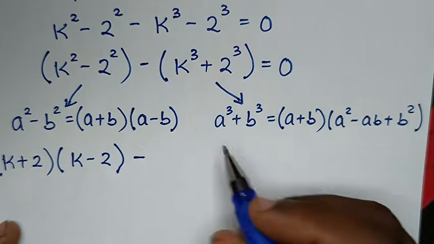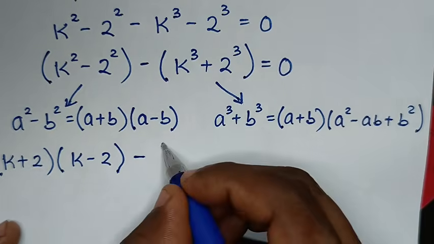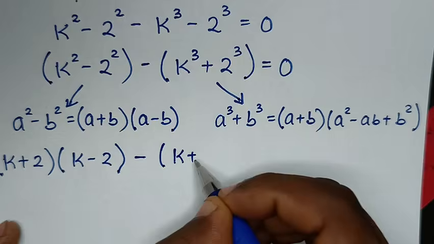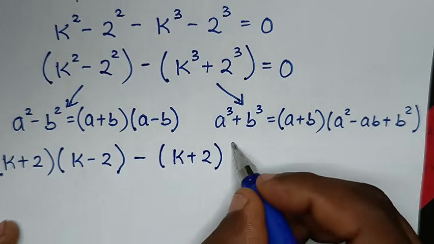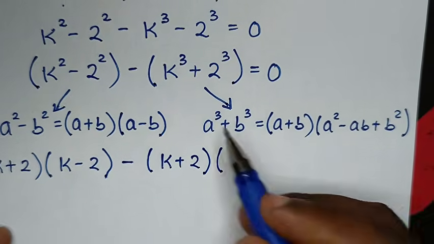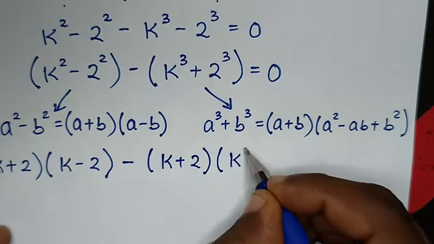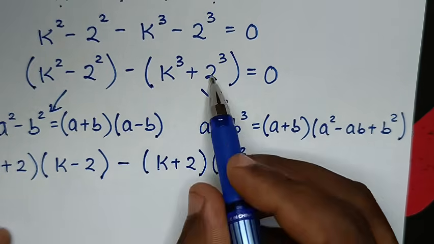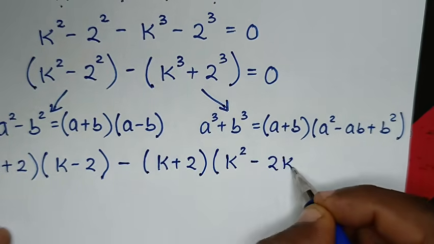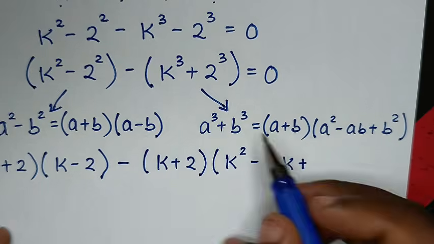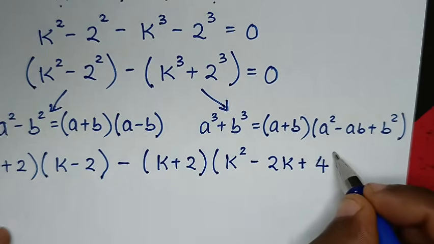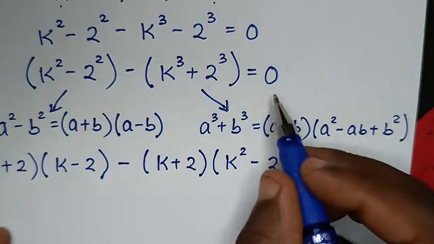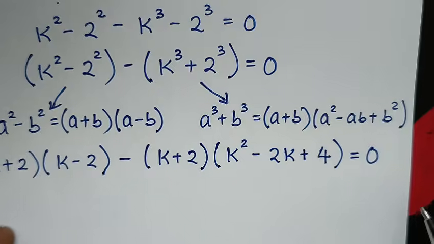So a plus b, it will be k plus 2. So here bracket (k plus 2), bracket a², it will be k², then minus ab, it will be minus k times 2, it is 2k, plus b², it will be 2², which is 4, bracket is equal to 0.